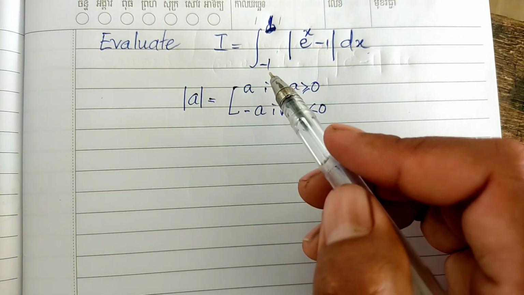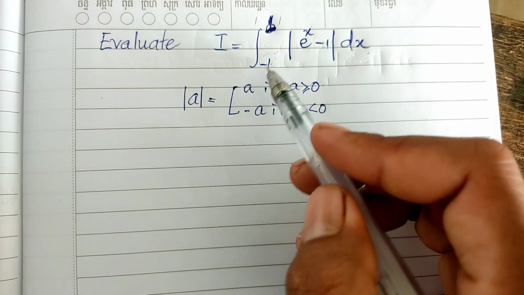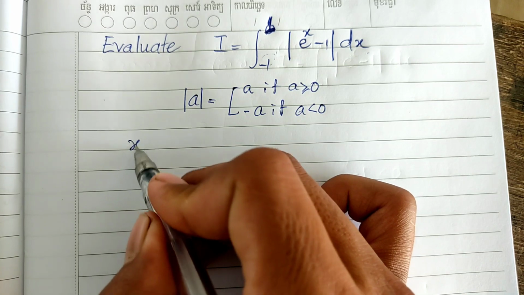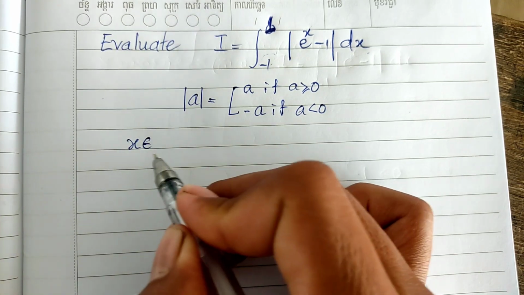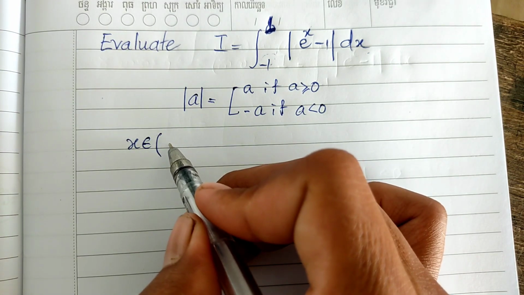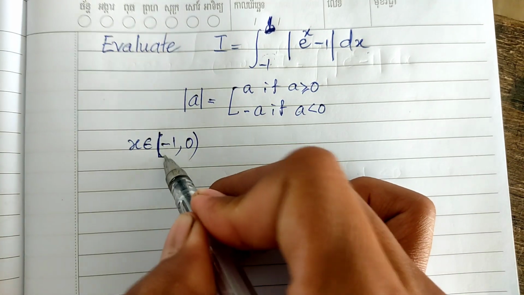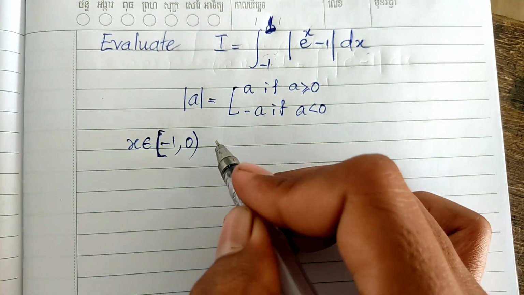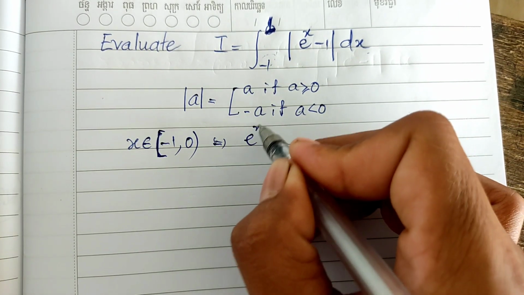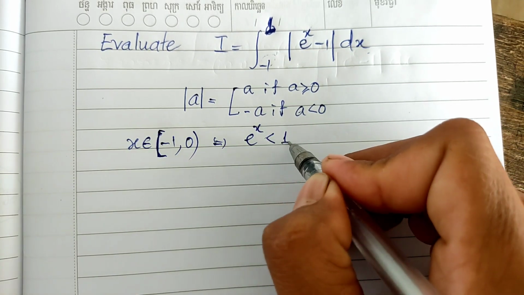And we know this integral is from -1 to 1. If h is in the interval from -1 to 0, then e^h is smaller than 1.